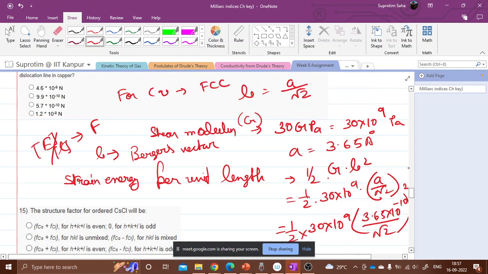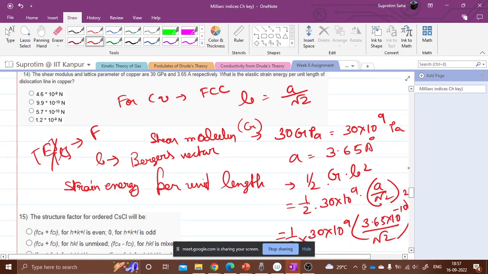The answer comes out to be 9.9 into 10 raised to minus 10 Newton.